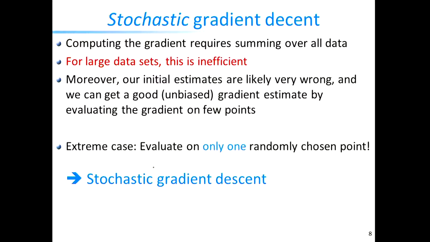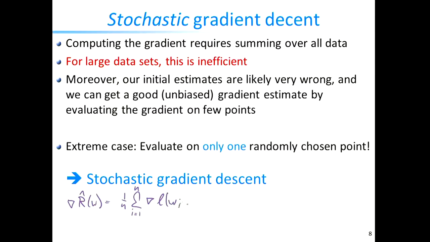Here the idea is to get stochastic estimates of the gradient. It works as follows. If you think about the gradient of this empirical risk, that's 1 over n times the sum. We can use the linearity of differentiation, as we've always been doing, to push the gradient inside the sum.